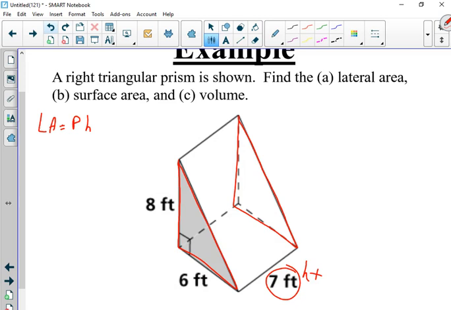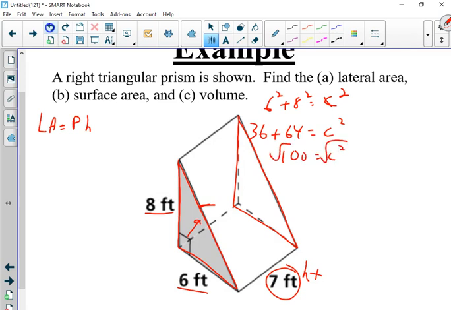All right? Then we find the perimeter around the base. Well, we have this piece and this piece, but we don't have the hypotenuse. We need this measurement right here. So we go to our old friend, Pythagorean theorem: 6 squared plus 8 squared equals c squared. So that is 36 plus 64 equals c squared. That's 100. Square root both sides.